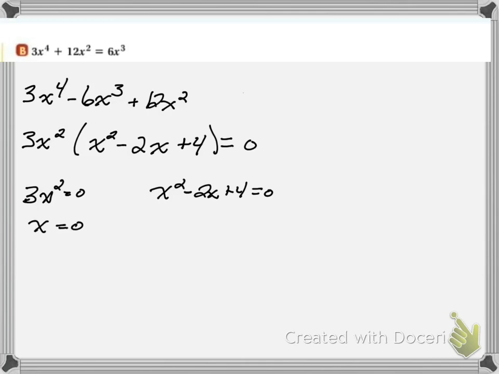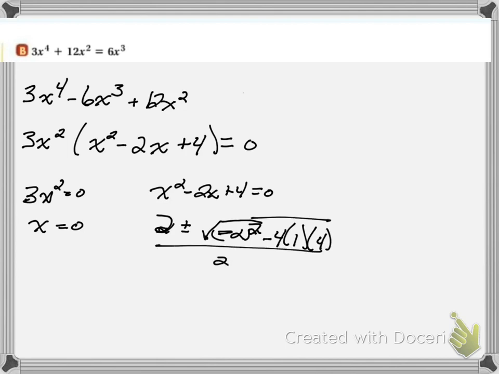Now, what do we get here? Negative b plus or minus square root of b squared minus 4 times a times c over 2a.